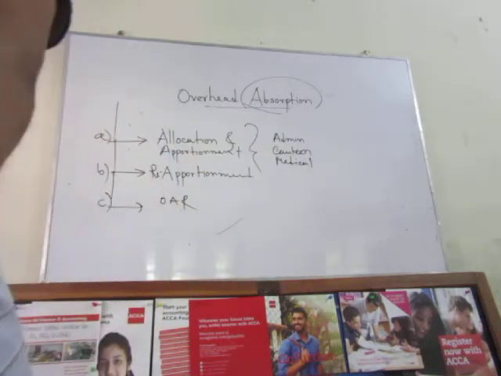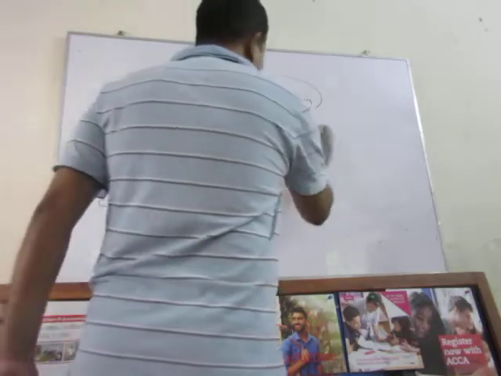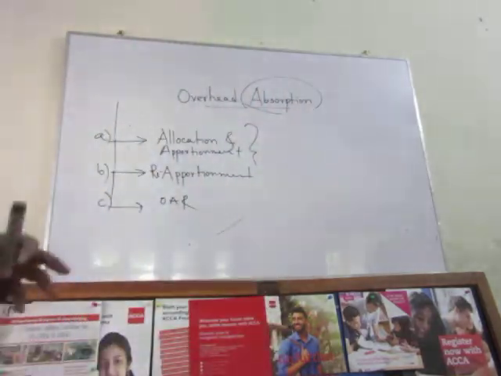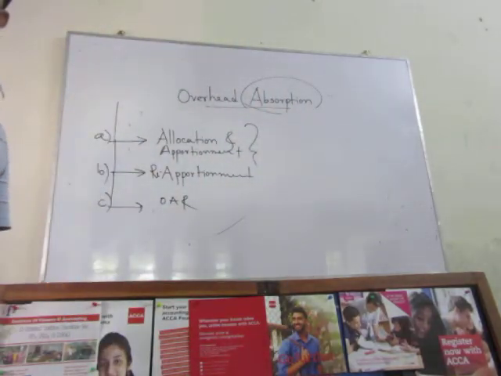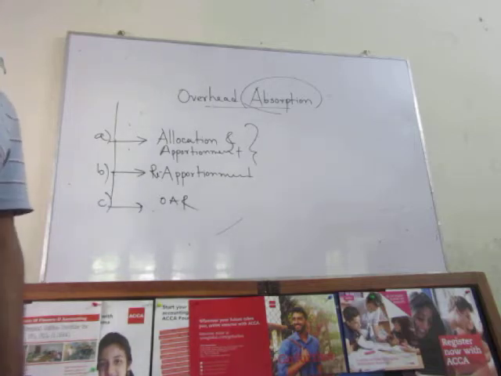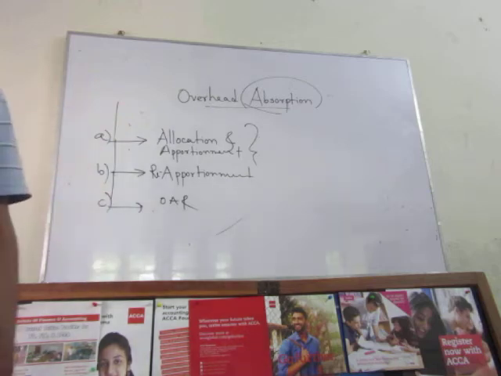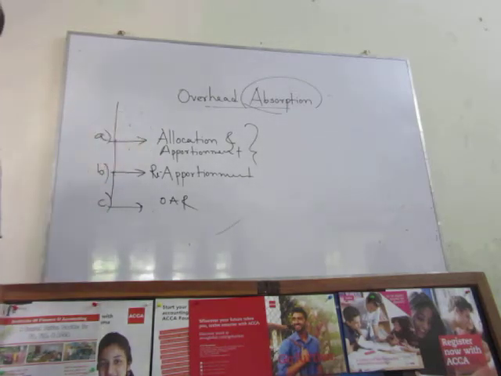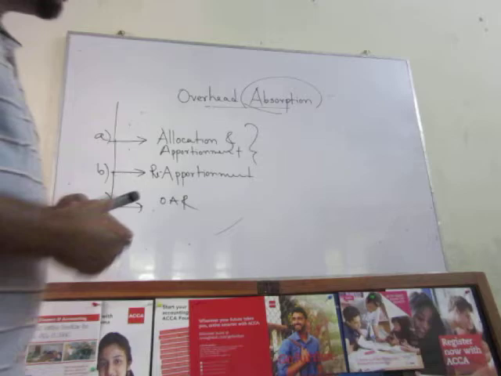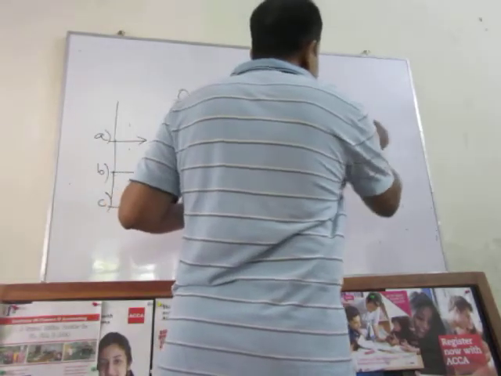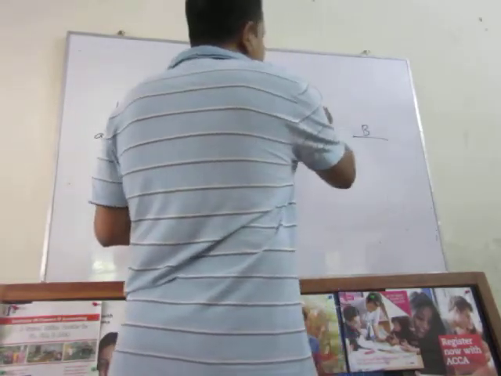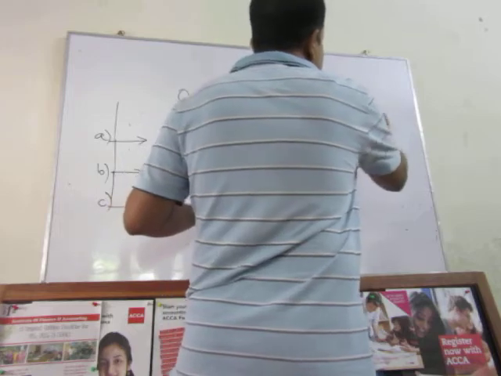So these are some bases that you have to memorize. These are the bases depending upon which you have to allocate different kinds of indirect cost to different departments, both service as well as production. So this is the allocation and apportionment. So at the end of the day, suppose this is a production department and this is a service department.